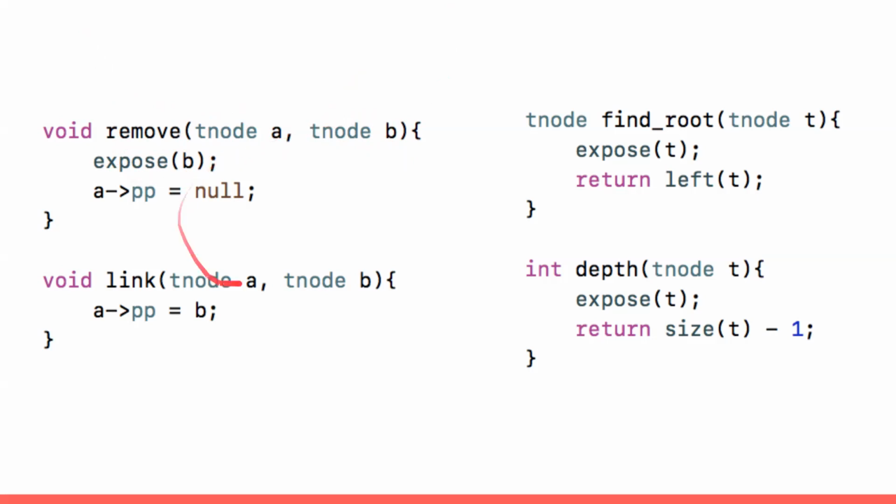So in this operation, we are going to remove some edge between two vertices, between A and B, where B is on the path between A and the root. So if we do that, we want to make a path between B and the root.